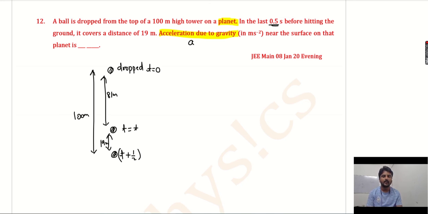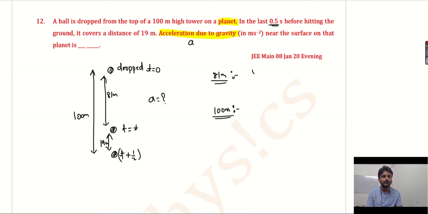Now it is asked to find the acceleration due to gravity. You first solve for 81 meter, and then solve for 100 meter and compare both the equations, you will get the value of acceleration. I will solve for 81 meter.